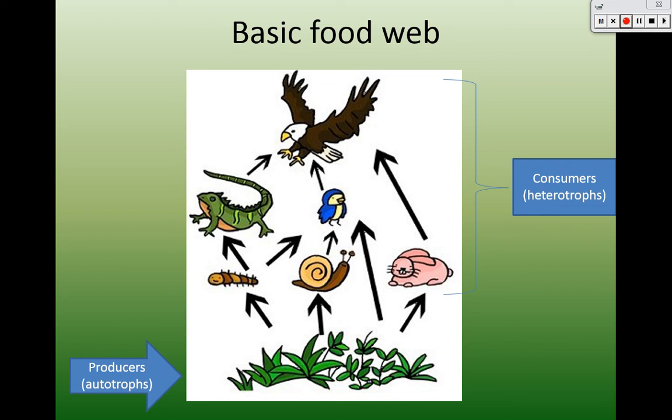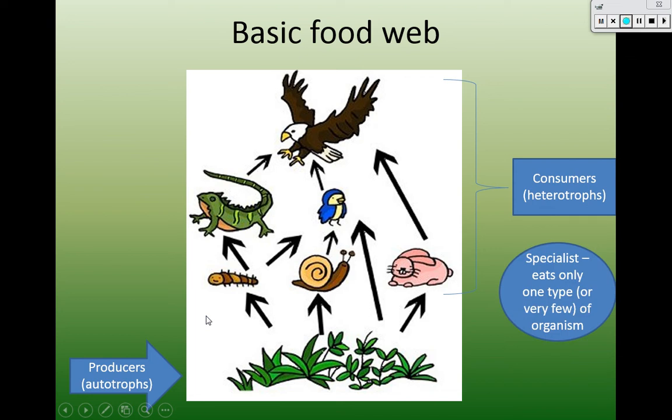So for example, the snail eats the vegetation, or a consumer could be consuming another consumer. So like this odd bluebird here consumes the snails. Either way, everything up here that is not producer is a consumer.